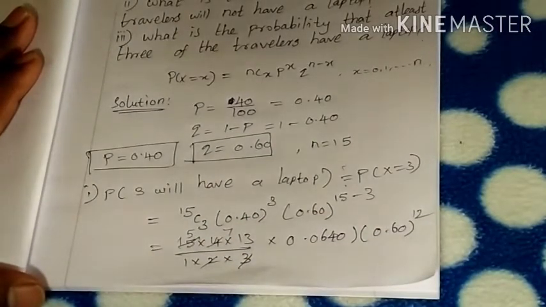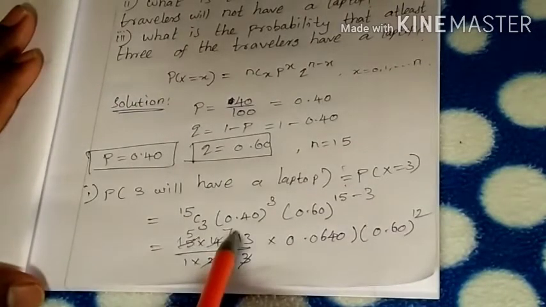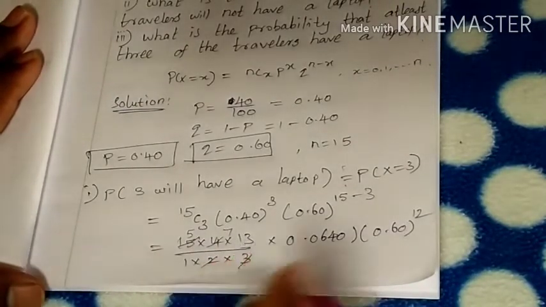Then simplify the value. 5 7s are 35, then 35 into 13. What is the 35 into 13 answer? It is 455.